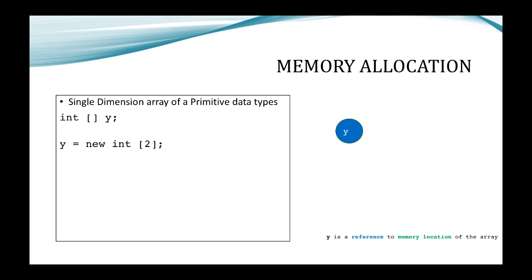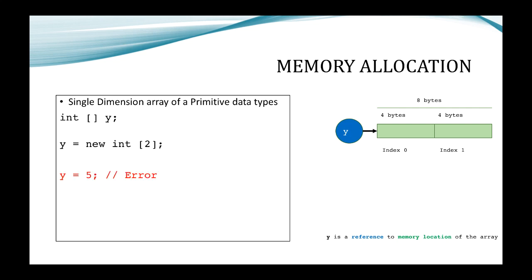Now the operating system is going to provide you with 2 integer values. Since one integer takes 4 bytes, 2 would give you 8 bytes. And as you have studied in the initial programming course, the first position would be index position 0 and the second would be index position 1.